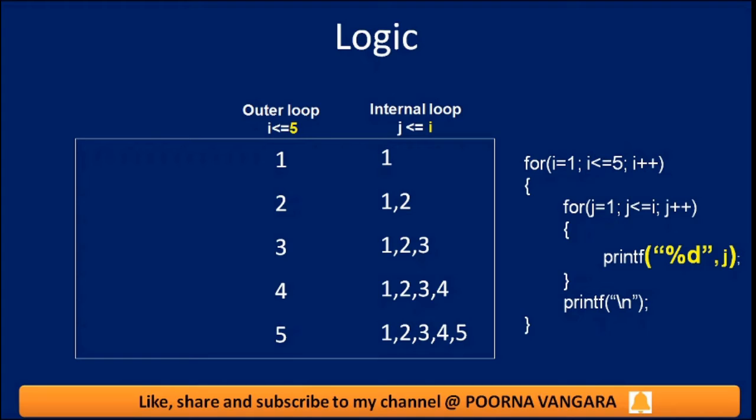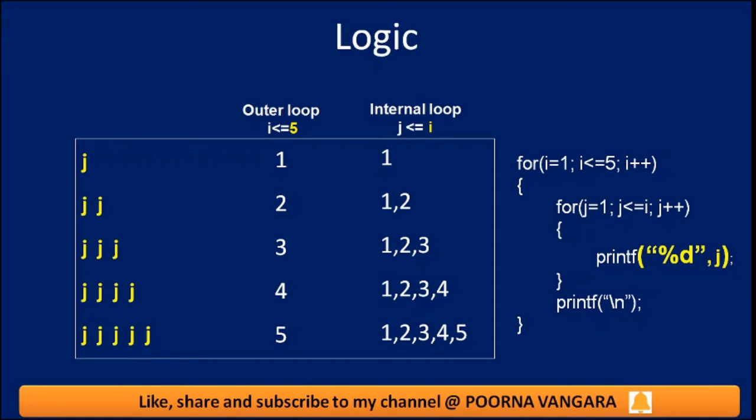There is no change in the shape of the pattern, just the character is changing. For this example, the character mentioned in the printf function is J. So whatever the J values are, those are going to be printed. So now I replace it with the J values.